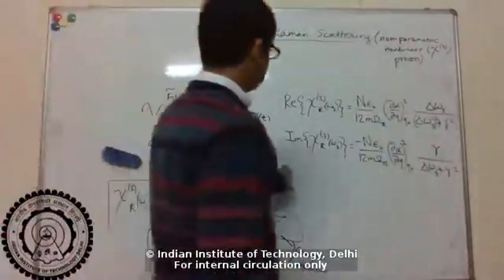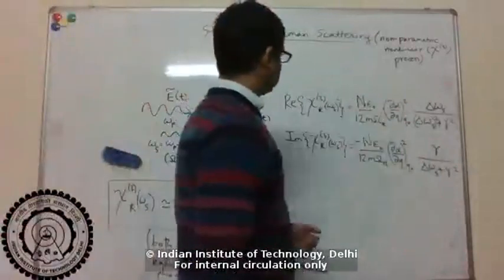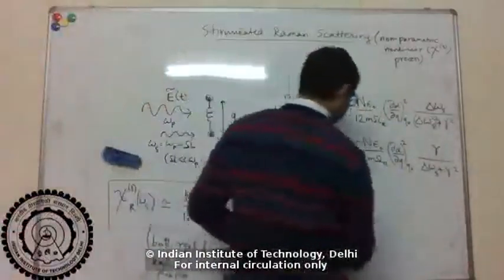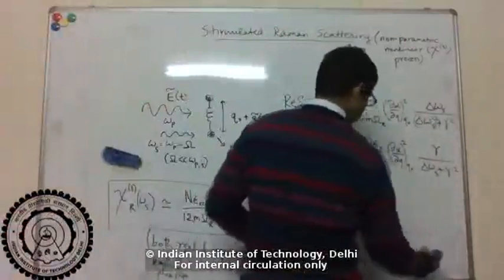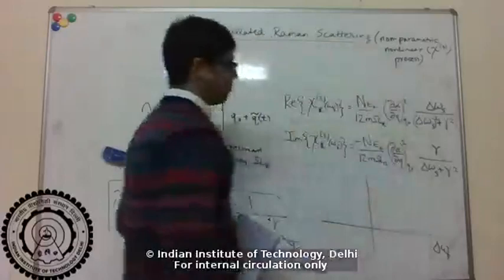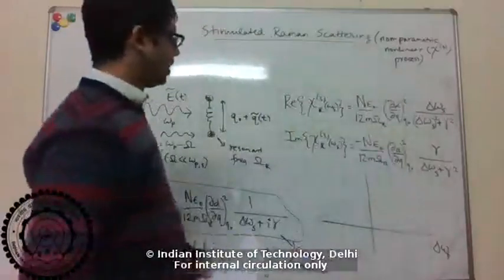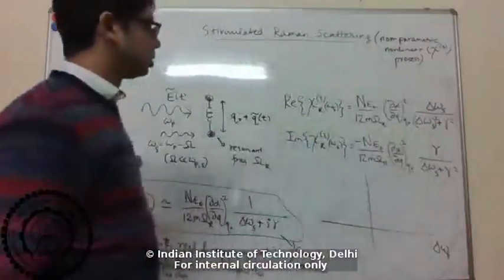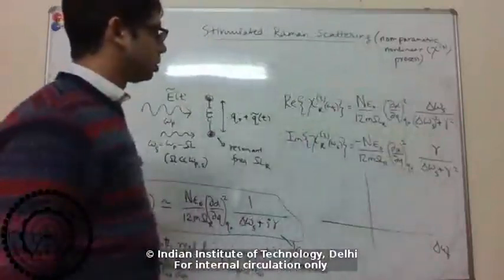These are very familiar line shapes. So how do they look? If I plot as a function of delta omega s, how would the imaginary part look? In the denominator, it will be delta omega square.